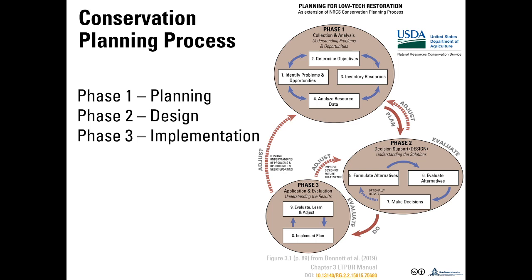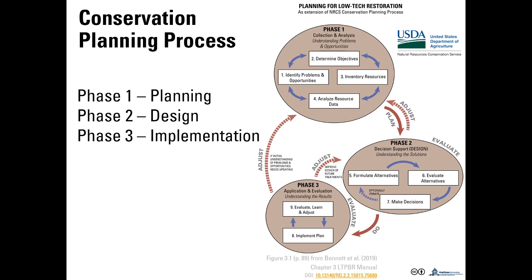But we've poached it and modified it a bit for our purposes here in low-tech restoration because it's generally the process that most agencies and organizations follow anyways, even if you don't have a name for it or haven't thought through it. It's just a very logical process that we do implement on most restoration projects.